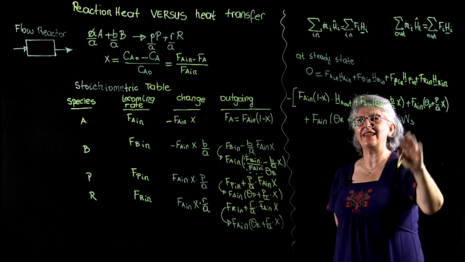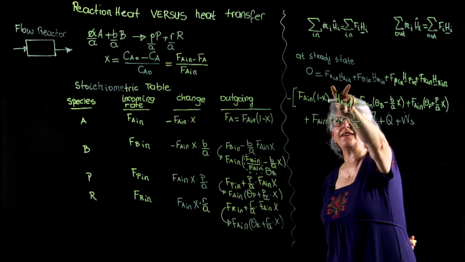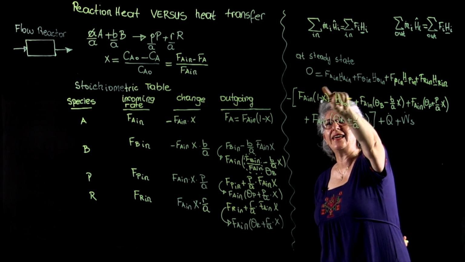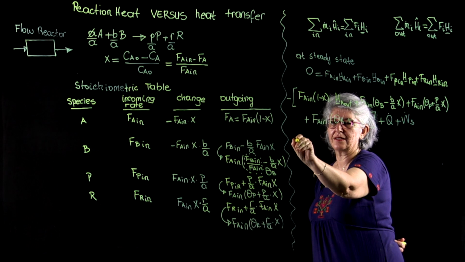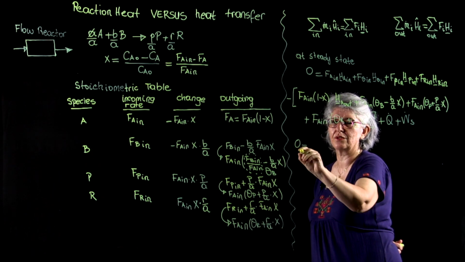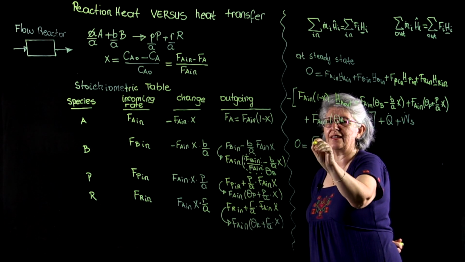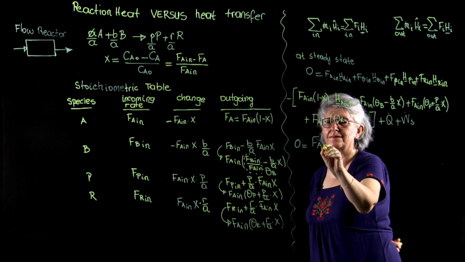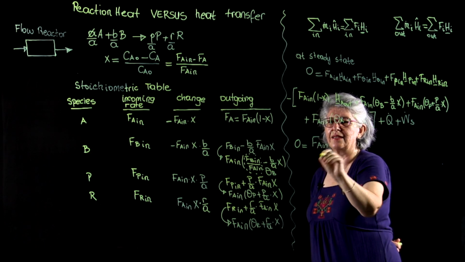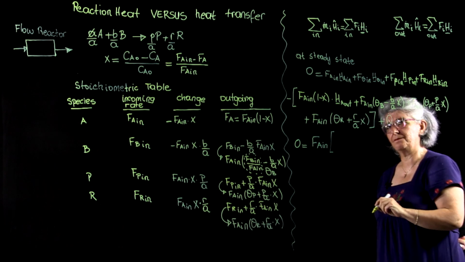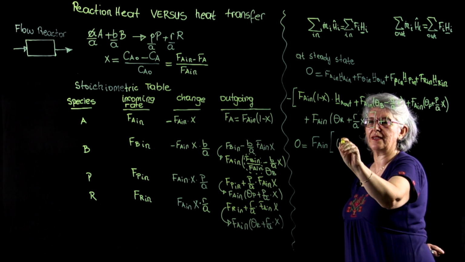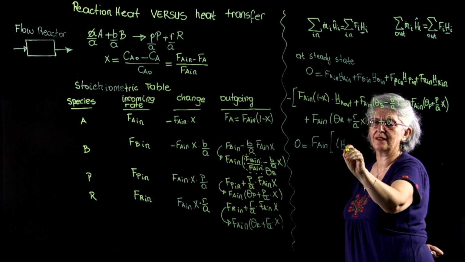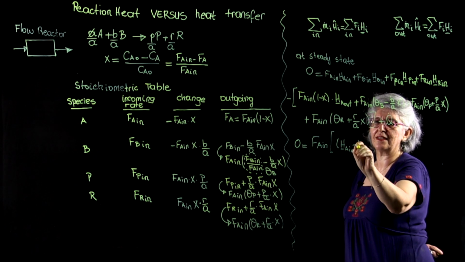Everything has FA in, HA in, FA in, HA out. 0 is equal to FA in. Let me get a square bracket. HA in minus HA out.